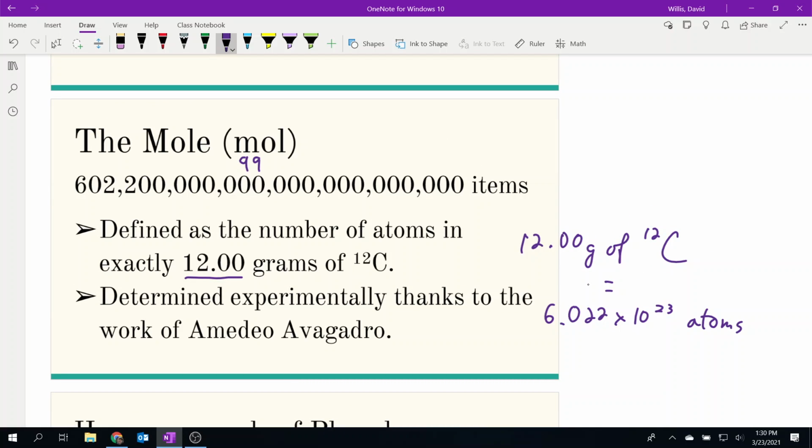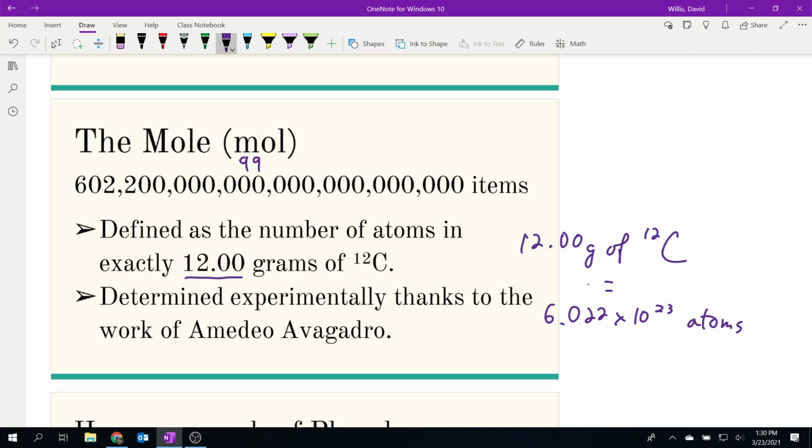I don't care necessarily that you write down that huge long number. I do care that you know that the definition actually came from the number of grams of carbon-12, and that a mole is equal to 6.022 times 10 to the 23rd. And if you can just remember Avogadro's last name.